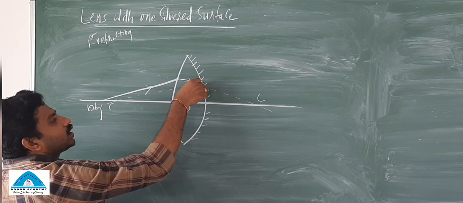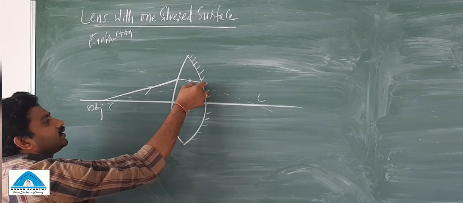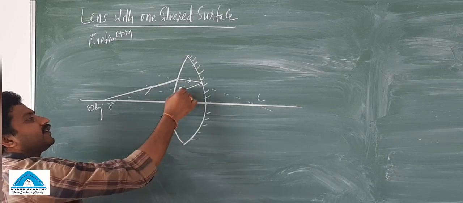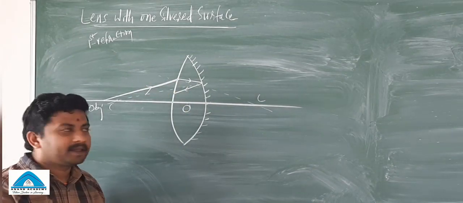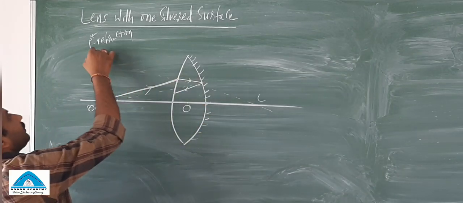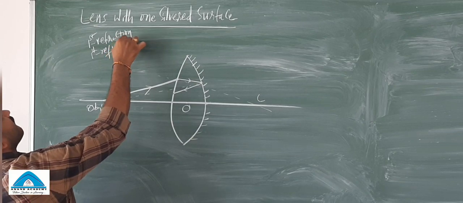Here, according to the laws of reflection, angle of incidence is equal to angle of reflection. So the light ray will be reflected in this way. So I am writing here the first reflection took place.